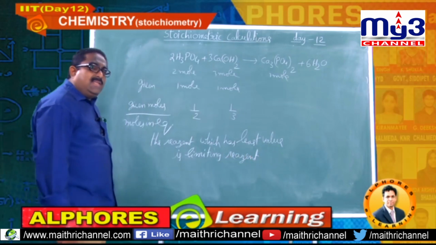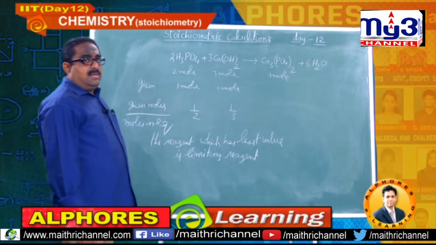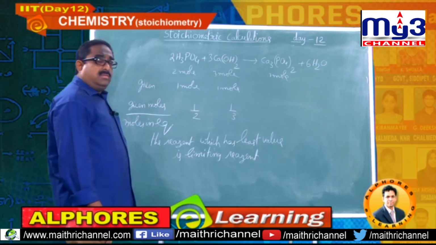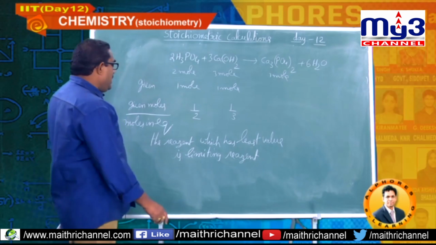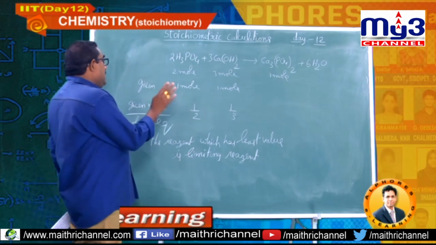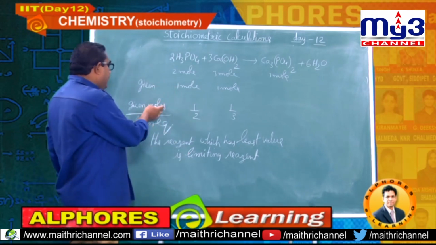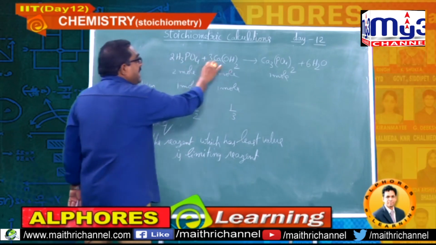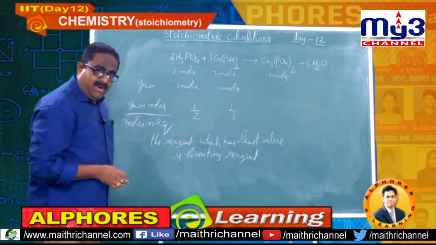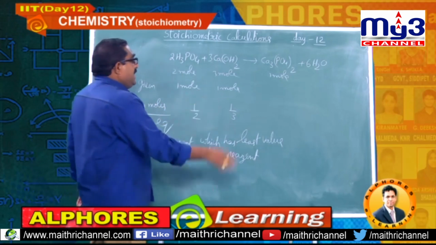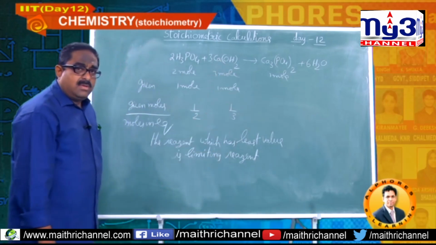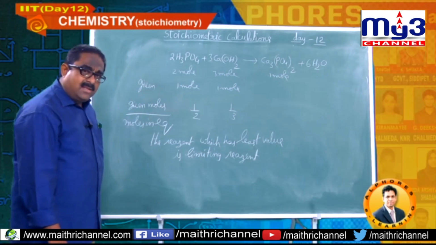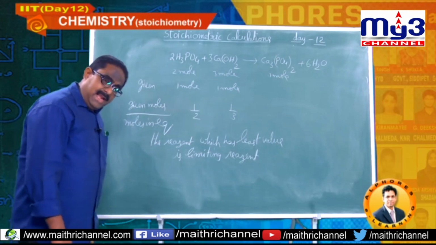So this is the way you can find the limiting reagent directly, by dividing given moles with moles in the equation. For whichever reagent you get the least value, you should select that as the limiting reagent.